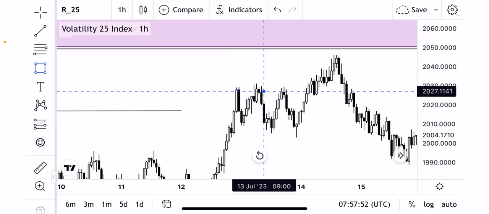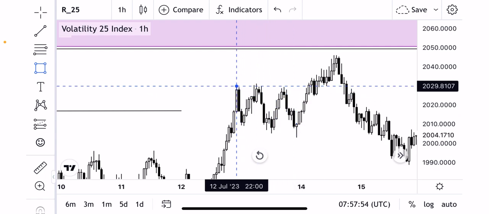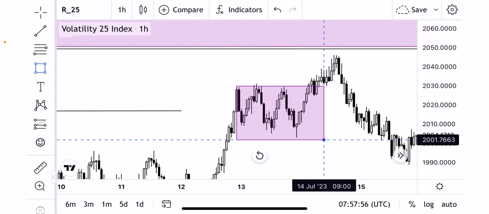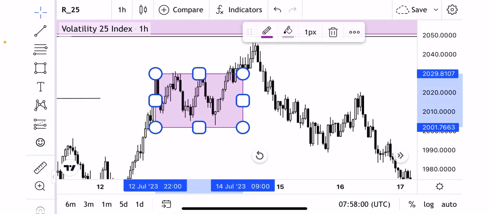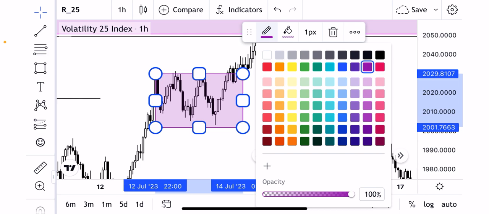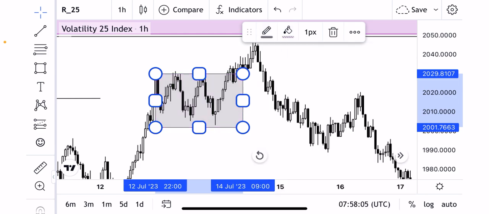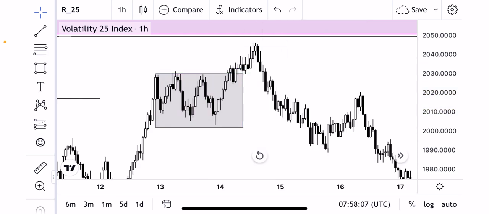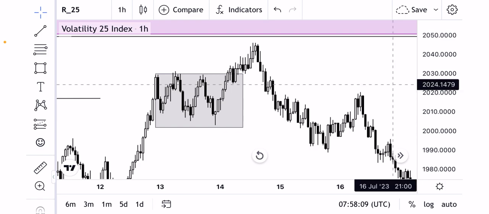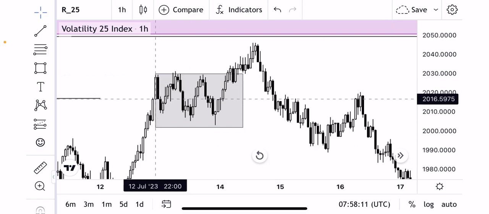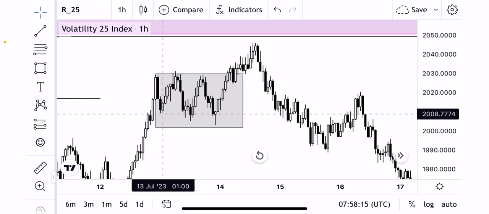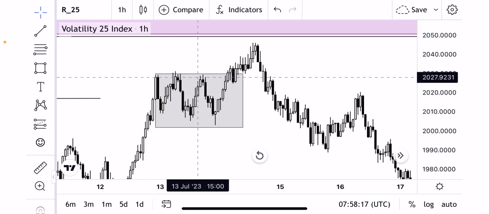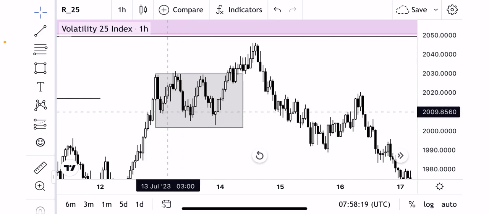You can see all of this. We had a higher high, higher low, higher high. Then we came back to break this low.